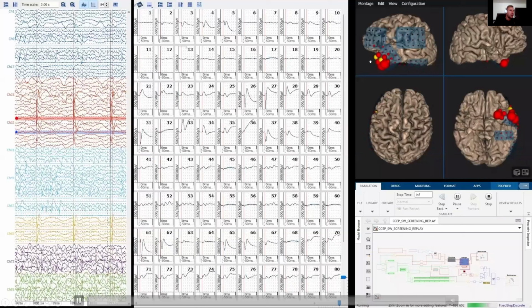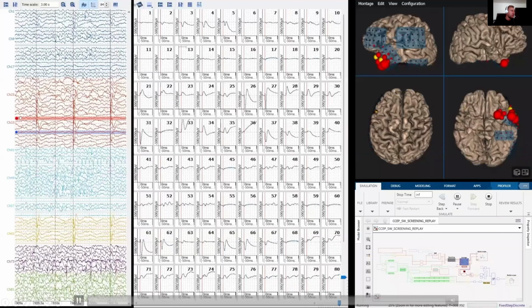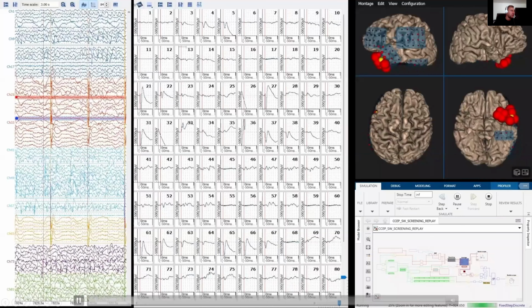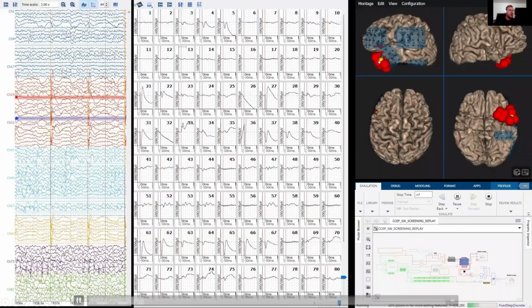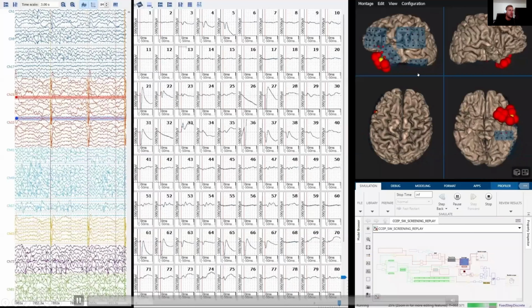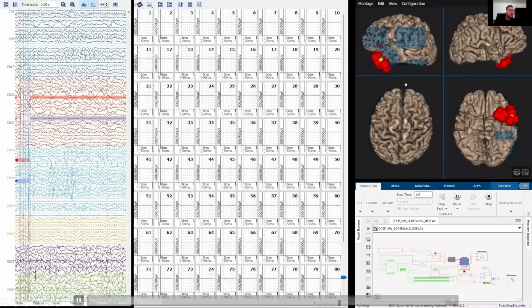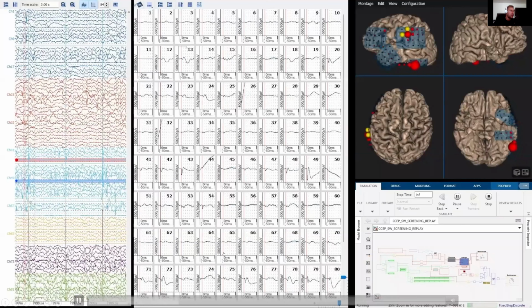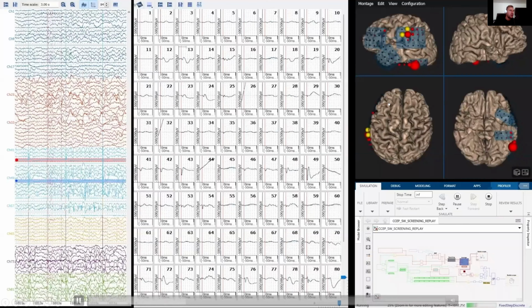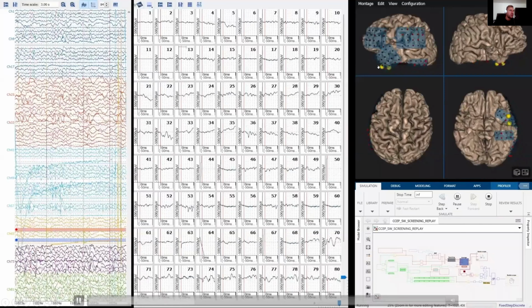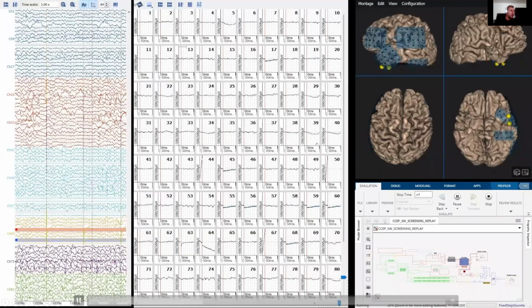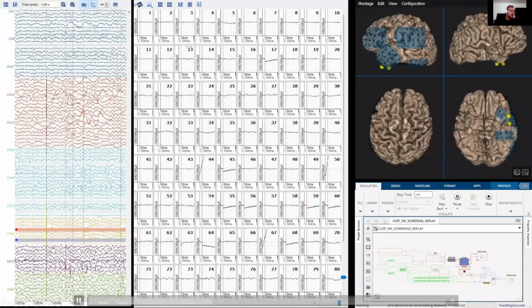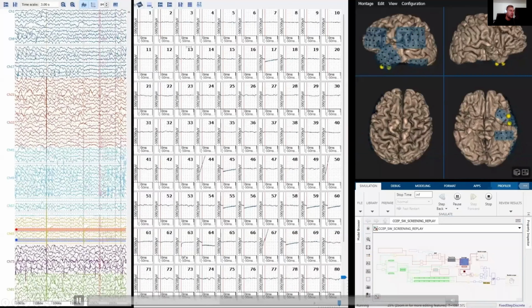So here we can see the stimulation pairs, so the stim plus and stim minus in red and blue, and then the connected areas in red bubbles, which is the RMS value of the evoked responses here in the middle. So we can see, depending on the stimulation area, we get good or less CCEPs.